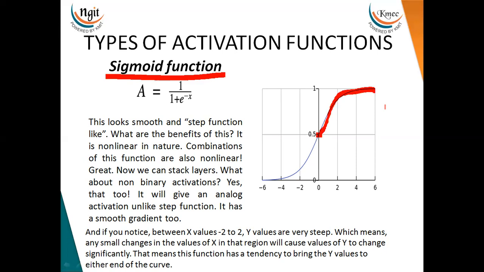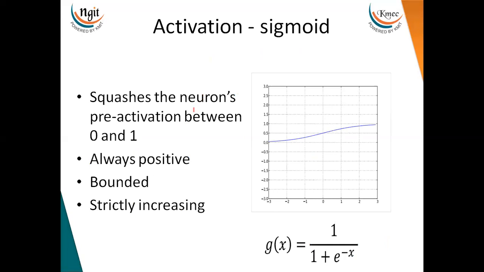It squashes the neuron's pre-activation between 0 and 1, meaning you will get your output only between 0 and 1. You can see the S-shaped curve only between 0 and 1. It will not go below 0 and it will not go above 1. As it is not going below 0, it is always positive, bounded by 1, and always increasing, giving a shape like S. And this is the most common activation function we use in neural networks.